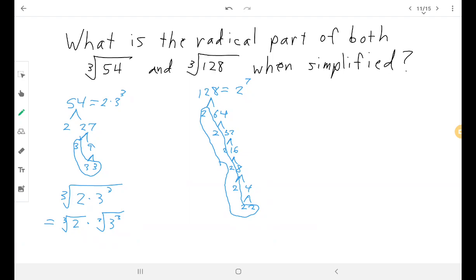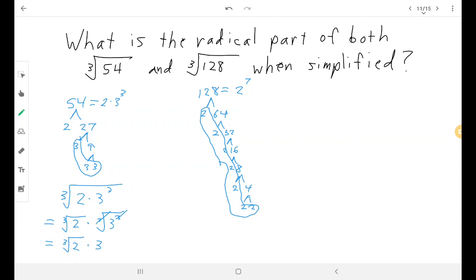And a nice little fact is that if the power's the same as the root, they cancel each other. So this is the cube root of 2 times, if this cube root cancels the cube, then you're left with just 3. It basically cancels the radical. Okay.